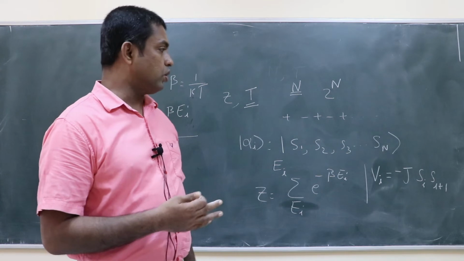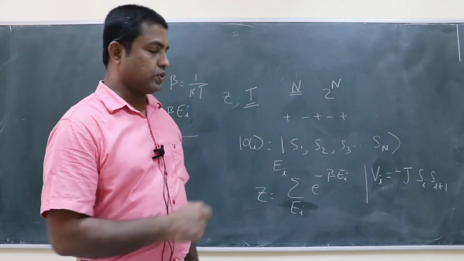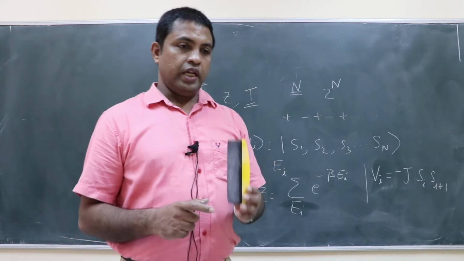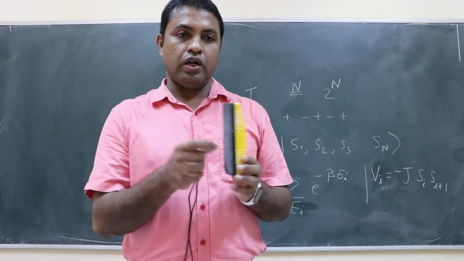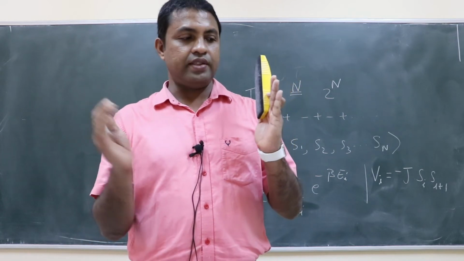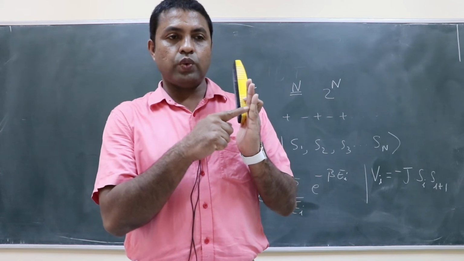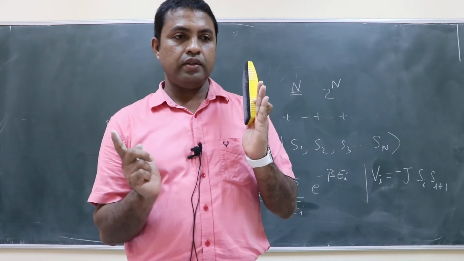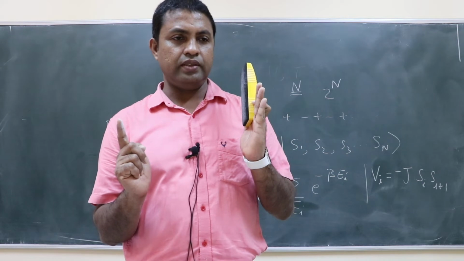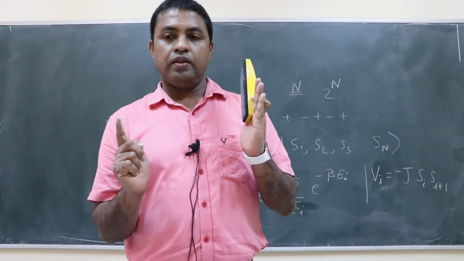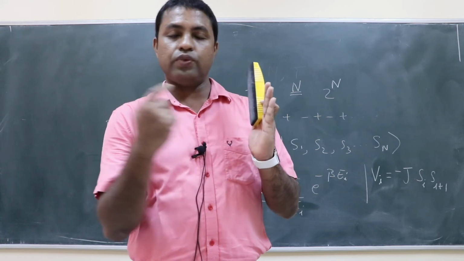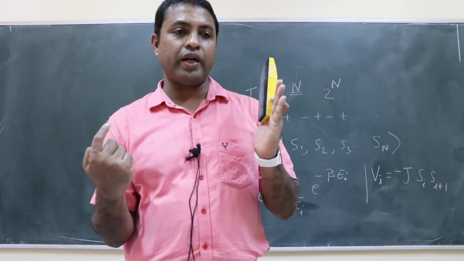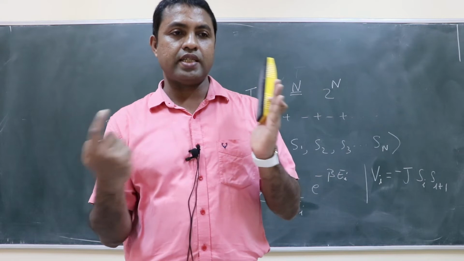I can take I plus 1 or I minus 1. Suppose there are two dipoles. If I write down the potential for the first one and take SI plus 1, the interaction with this is already considered, so there is nothing else to consider for the second one. Because it is only two particles now, there is only one potential, SI SI plus 1.